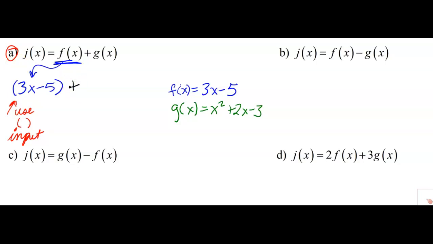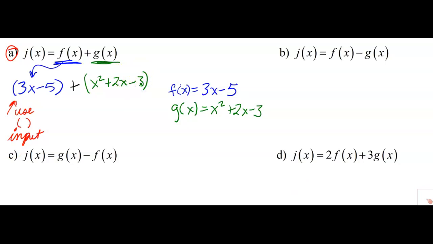So I say plus, so what am I adding to it? Well, I'm adding whatever g is. So what is g? X squared plus 2x minus 3. And now I can actually do math on it.